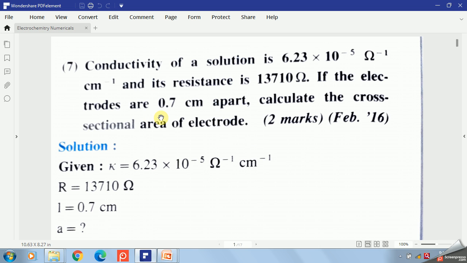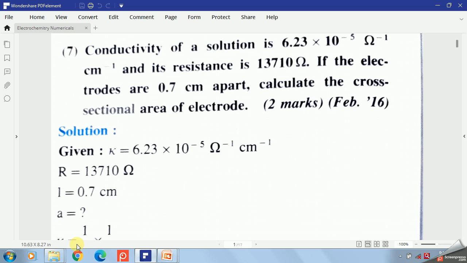The electrodes are 0.7 centimeter apart, meaning length is given between two electrodes, and you have to calculate the area of cross section. So you must be familiar with the relation between conductivity, resistance, and the length and area.